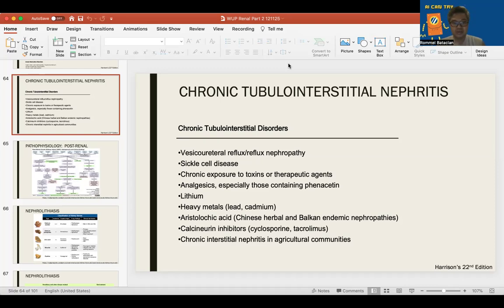Herbal medications, the aristolochic acid, were previously a very common culprit among these cases. Chemotherapeutic agents such as cisplatin and nitrosoureas are also associated with chronic tubular interstitial nephritis.